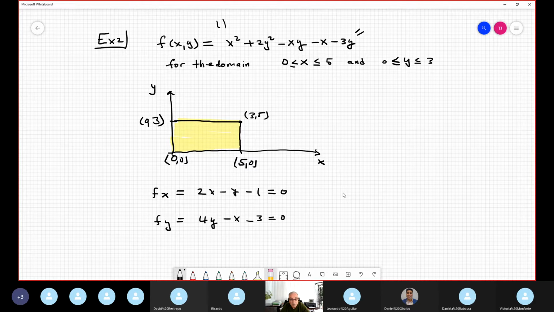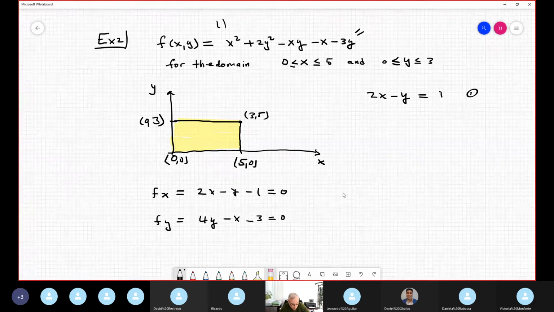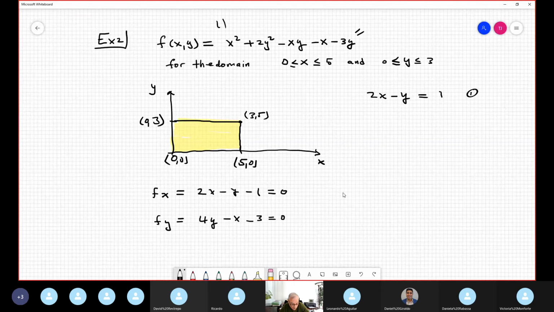equals 0. Let me copy these equations in an elegant way. For example, 2x minus y equals 1. Wow, linear equation, nice. When it's linear it's super easy. And the second is minus x plus 4y equals 3.